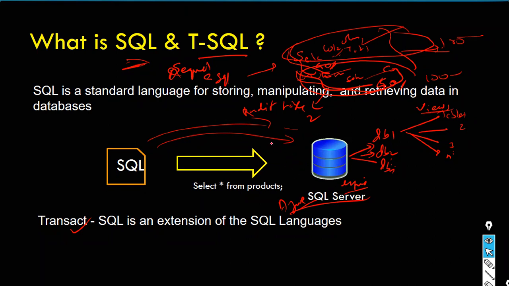Once the data gets inserted, after job completion, the audit table will also get inserted. Why? Because what time the job ran, how much time it took to run, whether the job succeeded or not, all the status you want to track. For that, they keep separate audit tables. Anyhow, I will explain that with triggers also. With that, I will demonstrate and you will be able to understand. So the batches get executed batch by batch.